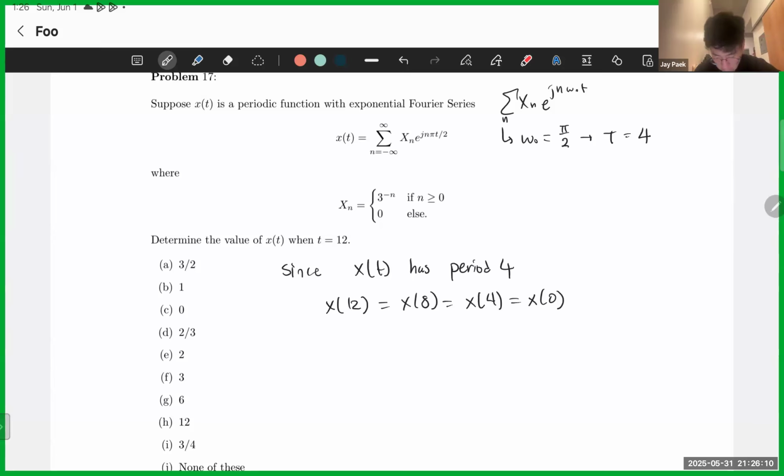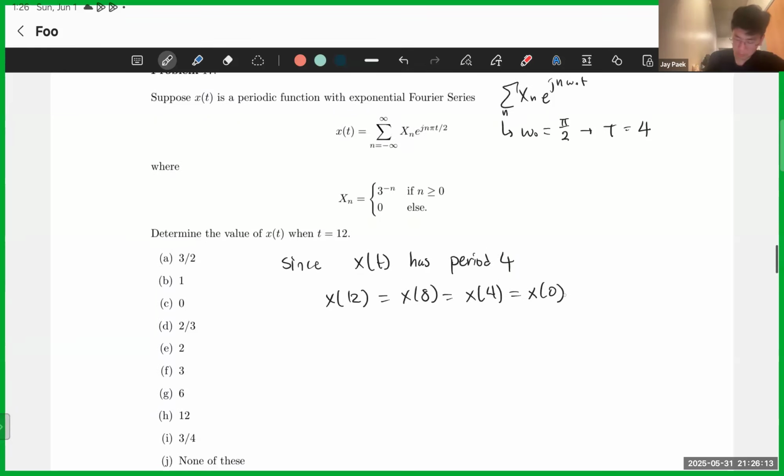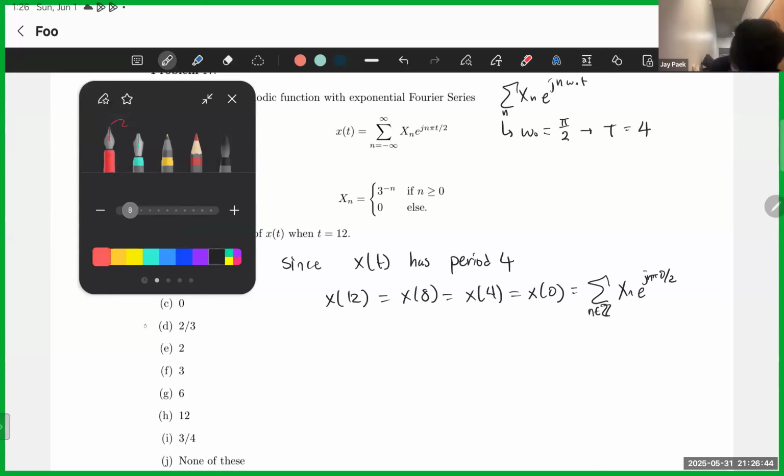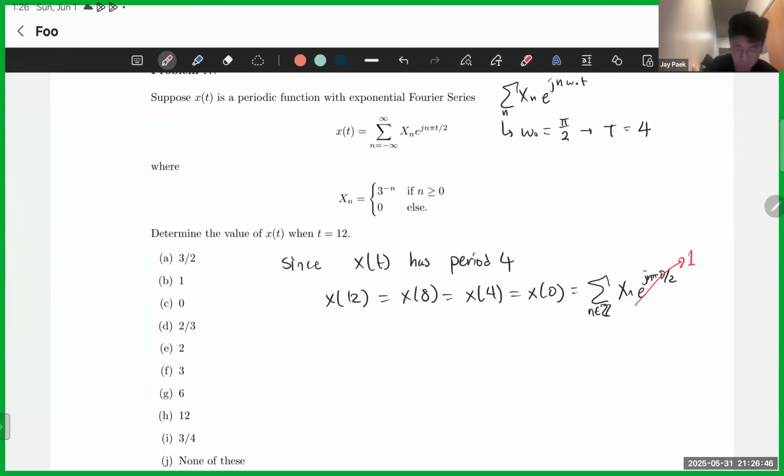If t equals 0, then that entire exponential just goes to 1.